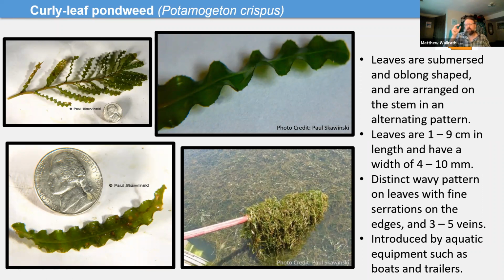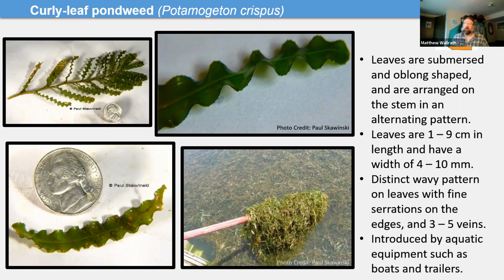It's a hardened little pile of leaves that will then stem out and regrow into a whole other plant the next year. So it can move around by trailers, boats, even people's boots. I guess that'd be a lot of vegetation. You can see it's pretty aggressive when it gets established, and it will compete with our native water-loving plants.